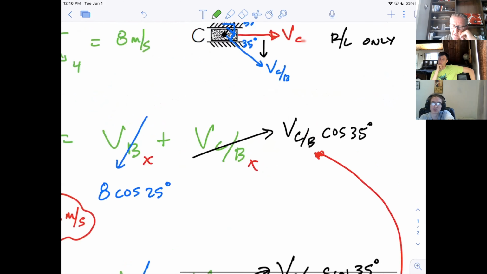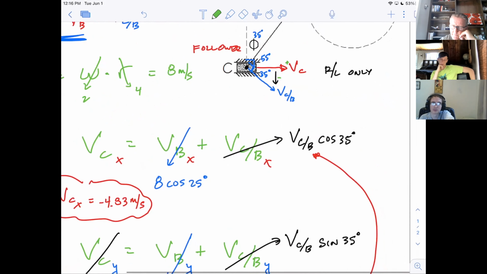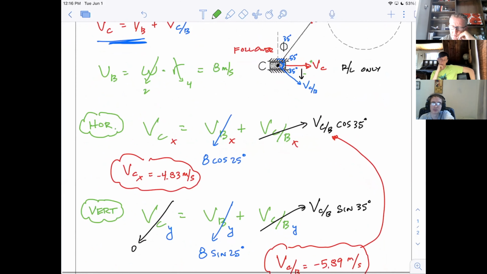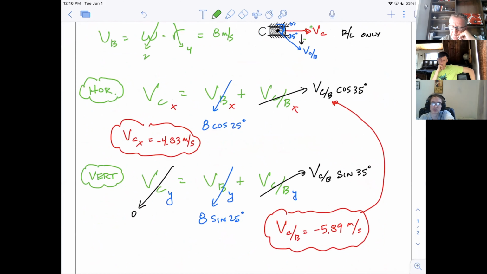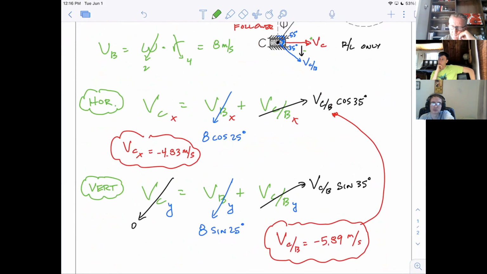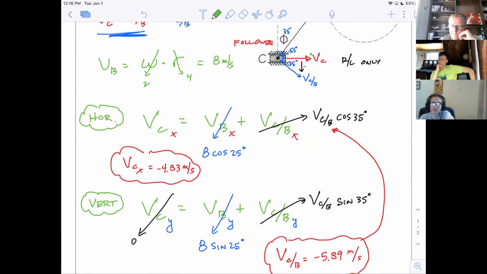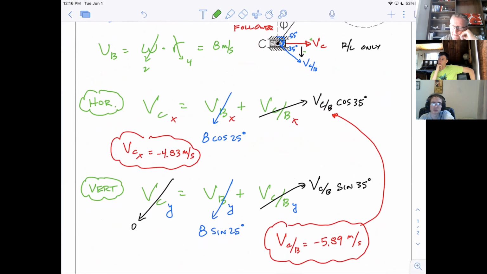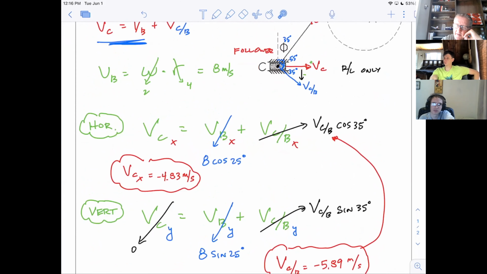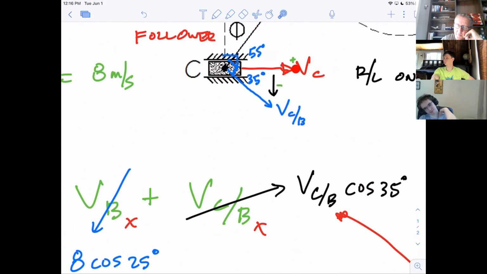So the question is, should I call this a negative number right here? I guess, what do you guys think? Do I want to call that a negative number? In other words, I have no trouble with right being positive and down being negative and so forth, but this is just going in that direction.